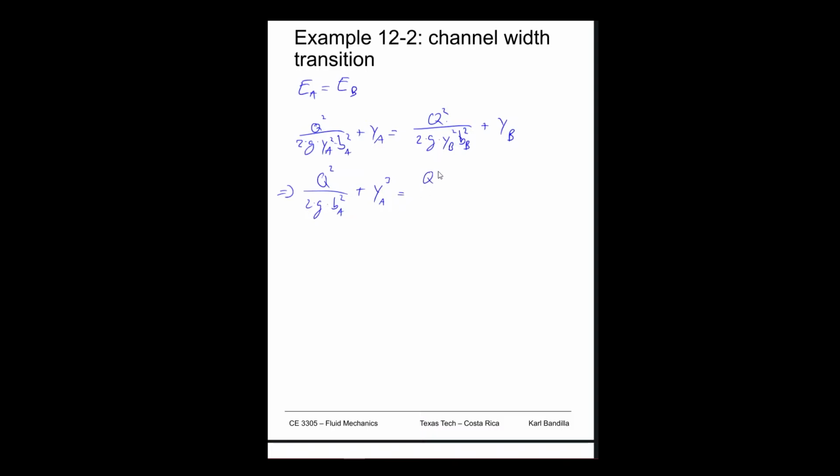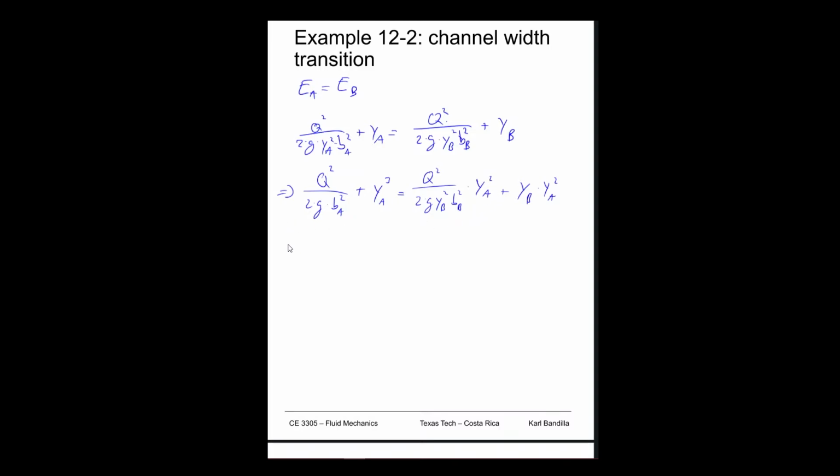Here, multiply by YA squared as well, so it'll be BB squared times YA squared, and then same with the last one here, YB times YA squared.